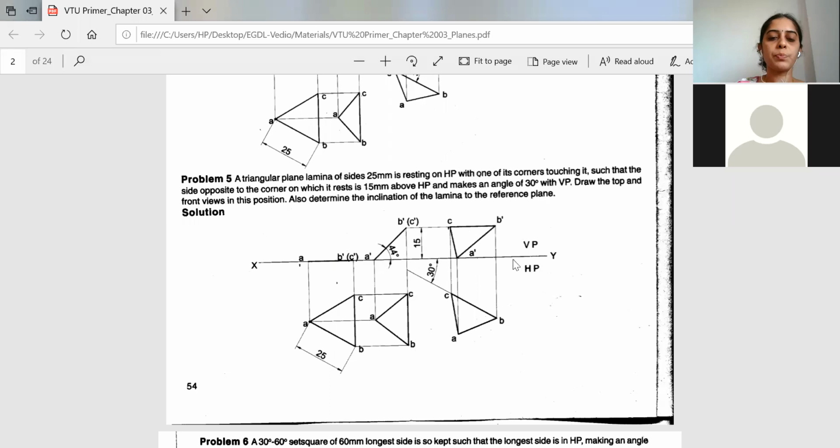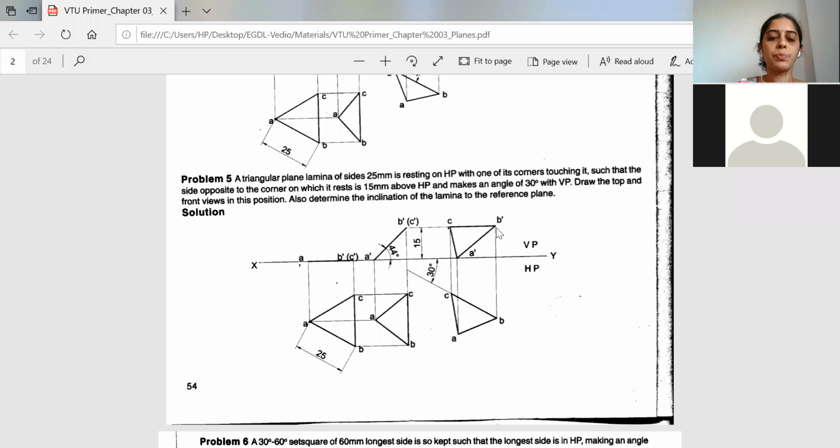A dash is already on the XY line. Then you have to read the locus. So your C is meeting with C dash at this point, so this will be our point C. The locus of A is meeting with A dash at this point, so this will be A dash. Locus of B is meeting with B dash at this point, so this will be B dash.